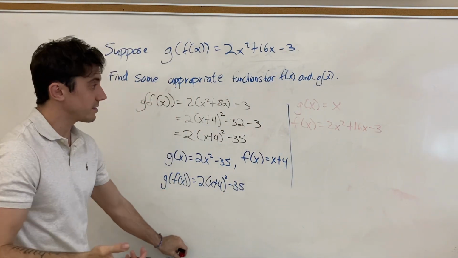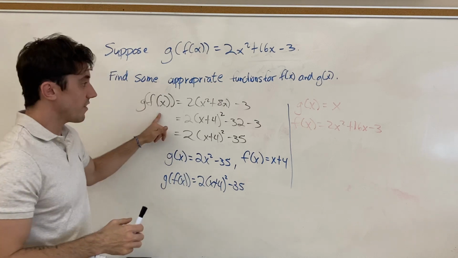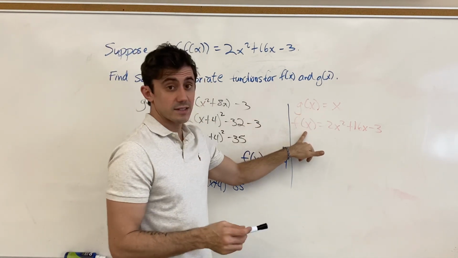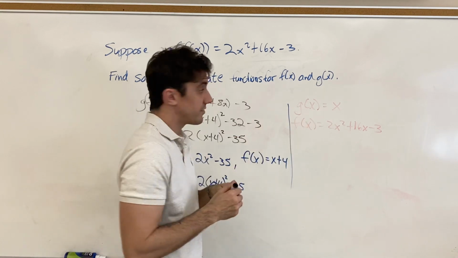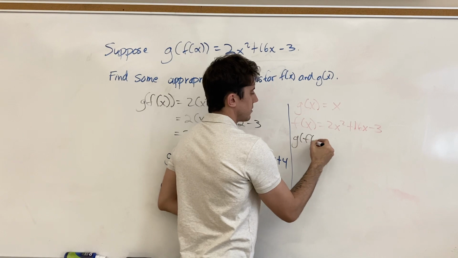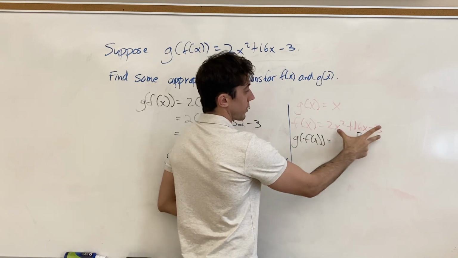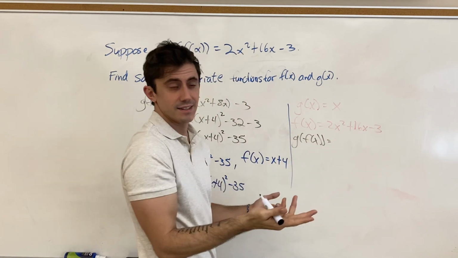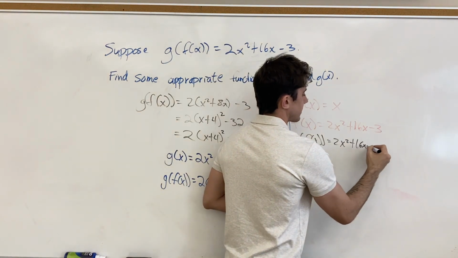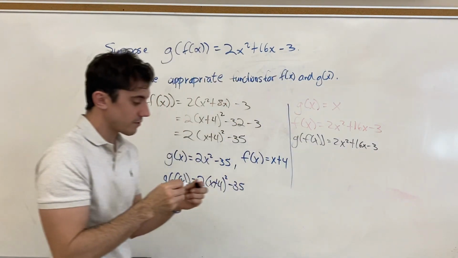Because if we have it this way, then g of f of x means in g we replace the x with f of x, so we're going to replace x with f of x, right? And so of course g of f of x would again just mean plugging this into the only x in g of x, and so of course we get back the exact same thing, right?